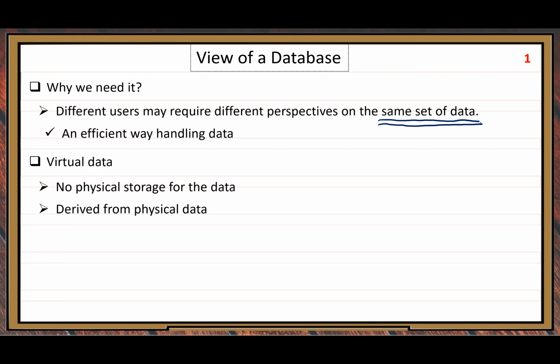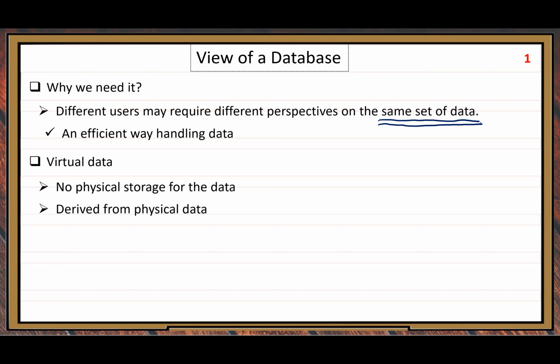So the data is derived and relies on physical data. Think about when you modify any part of the physical data, your view will be reflected immediately because your view data relies on the underlying physical data.